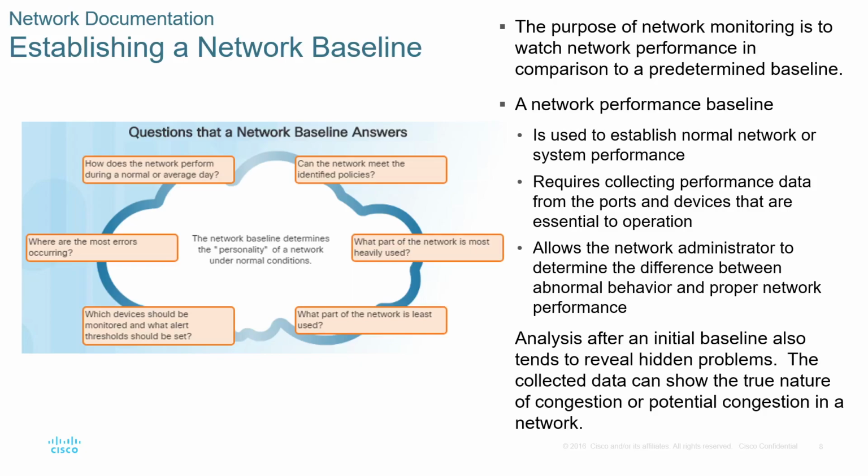The performance baseline requires collecting evidence, collecting performance data. The network baseline, which is basically establishing the normal behavior of the network, is usually done when the network is implemented. So usually what happens is the network is implemented, the normal activity is established, so we have the normal amount of employees connected to the network, and then we can determine what is the normal level of operation for the network.